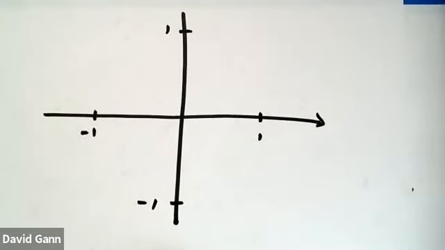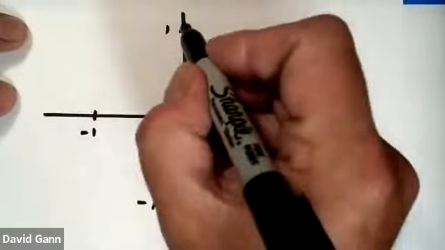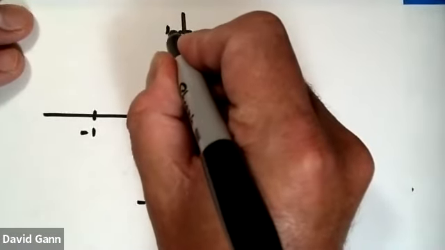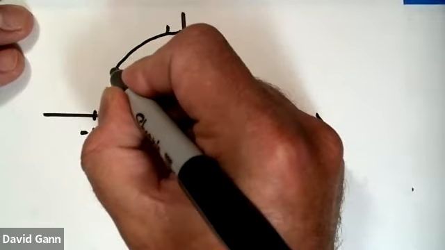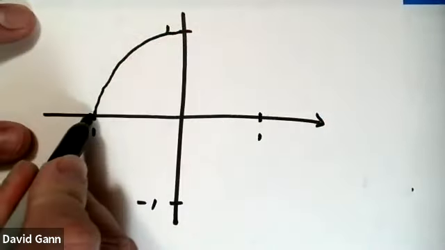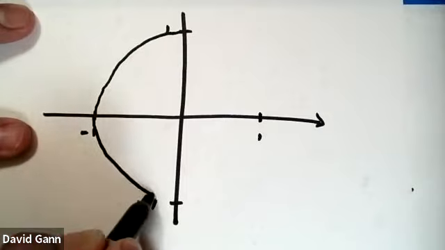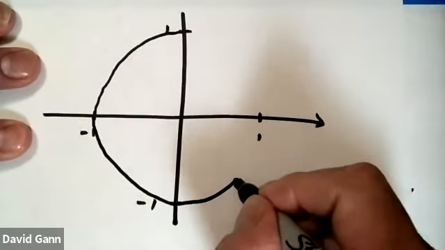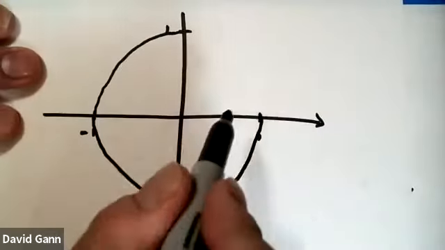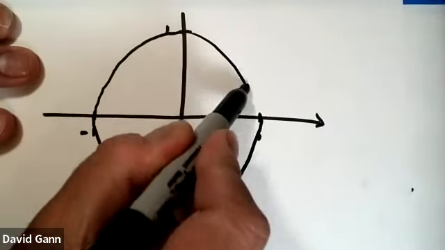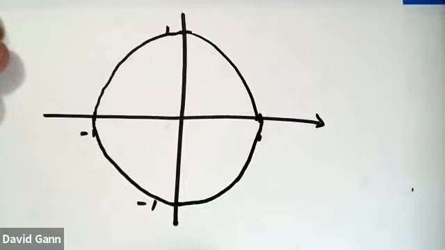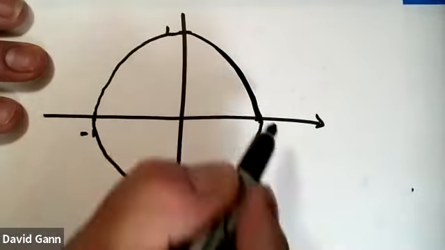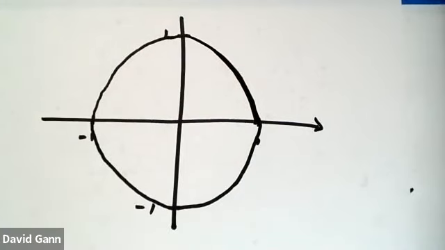I am horrible at drawing circles, but I'm going to try to put it in there. So the unit circle is in this position. If I were really a great artist, it would look like a circle instead of a smashed basketball. So much for art school.